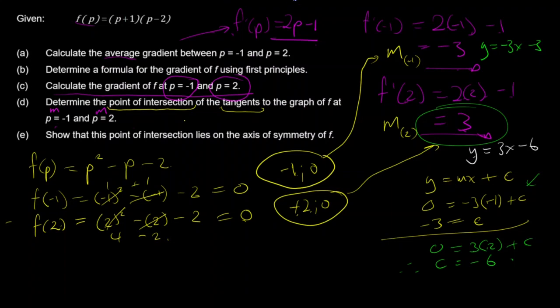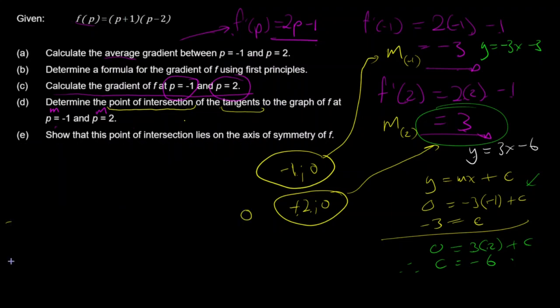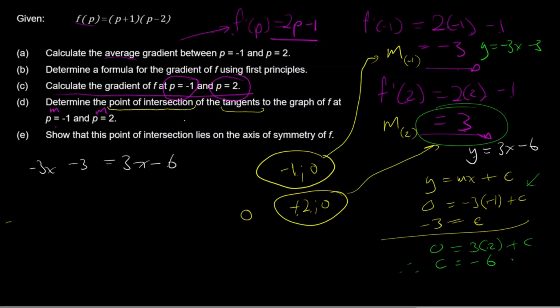Now to get our point of intersection, we need to equate those two equations, to see where they go through each other. So we'll have -3x minus 3 being equal to 3x minus 6.